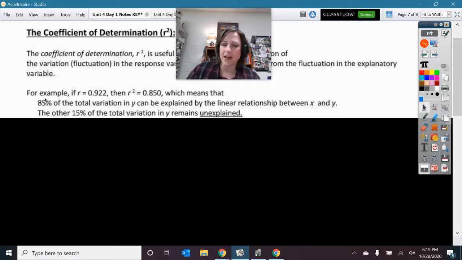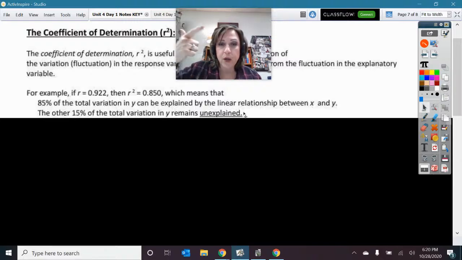So that means that about 85% of what's happening to the response variable, like about 85% of the fluctuation in the prices of the pumpkin, is being explained because of that relationship between the size of the pumpkin and its price, the linear relationship there. Well, guess what? 15% of that fluctuation in the price is due to other things.